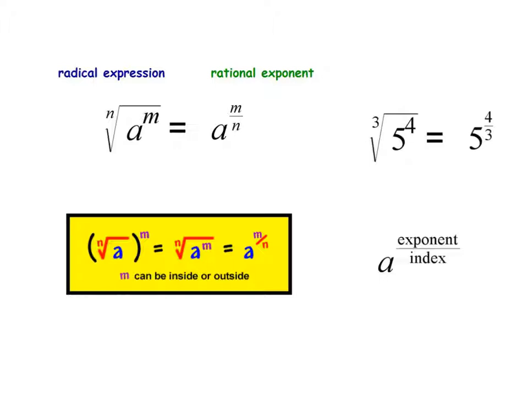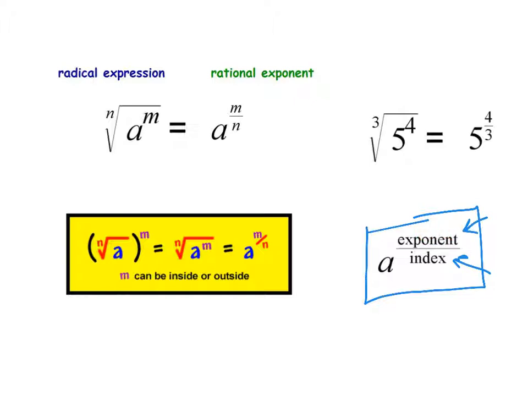That's really what you have to memorize, this part right here. The exponent goes in the numerator, the index goes in the denominator. It's really easy to switch those up. Maybe you can think of the exponent as being raised, usually higher than all the rest, so the exponent goes in the numerator.